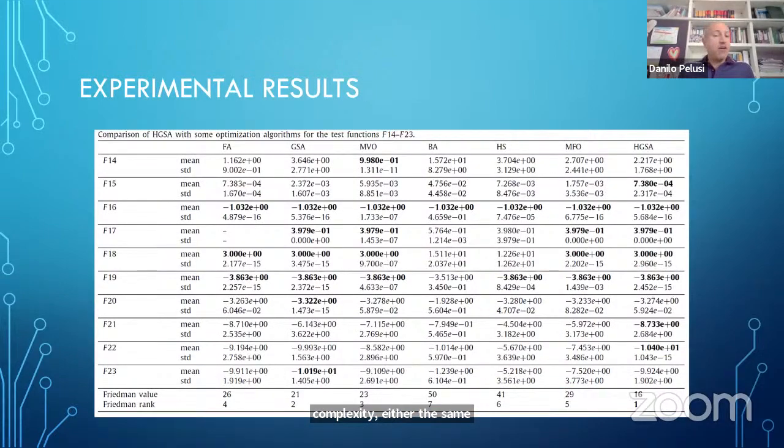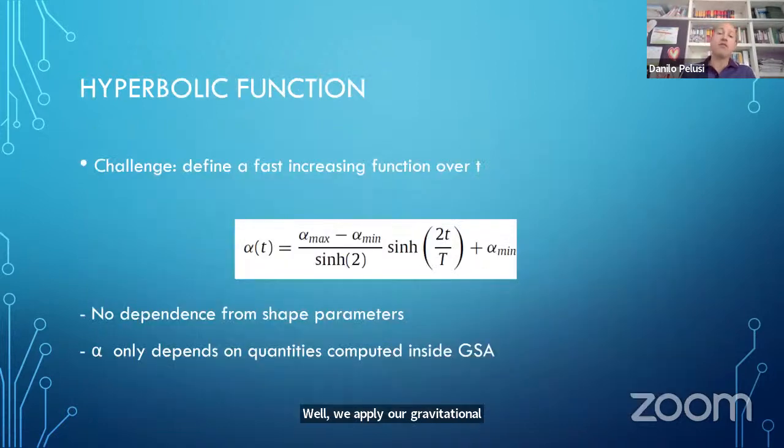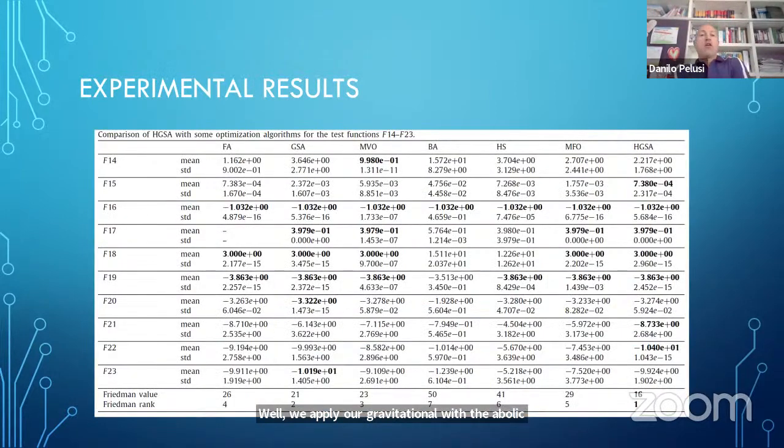Well, we apply our gravitational search algorithm with the hyperbolic function defined by this formula, and compare it with other swarm algorithms, such as the moth flame optimization algorithm, for example, the bat optimization algorithm, and so on.